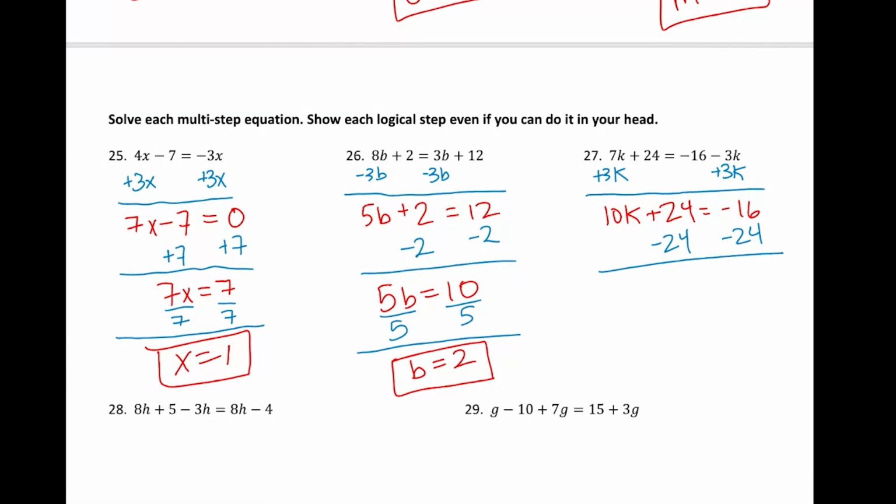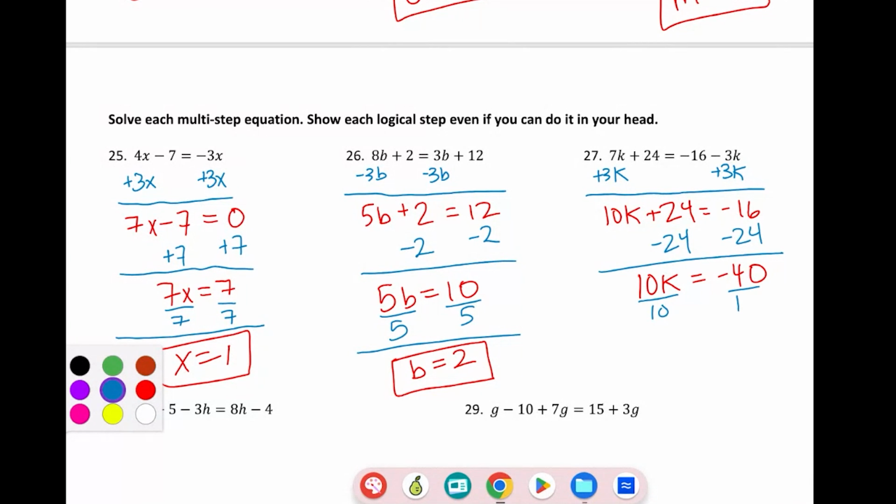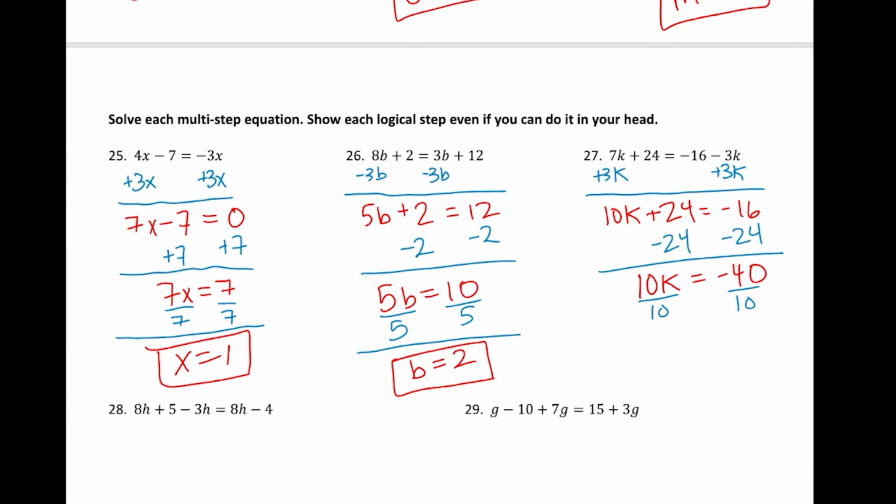Negative 16 minus 24 is negative 40. I did put that in the calculator. Don't think I'm like some kind of genius or anything. Going to make sure we get the right answer. Divide both sides by 10. So I get k equals negative 4.